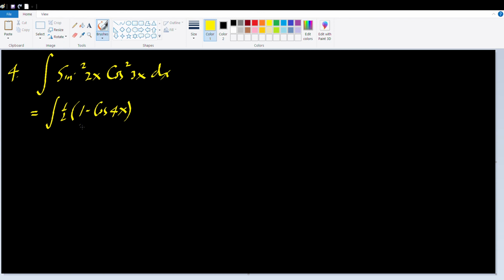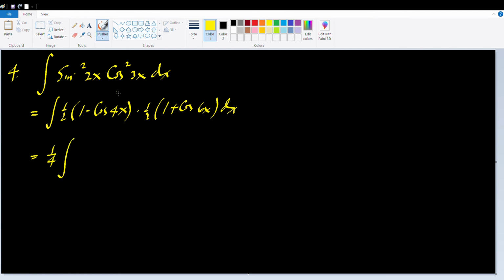You can still recall the identity used for case 2 involving powers of sine and cosine, where the exponents are positive even integers. And for cosine squared 3x, that will be 1/2 of 1 plus cosine of twice the angle, 6x, dx. So 1/2 times 1/2, that will be 1/4.